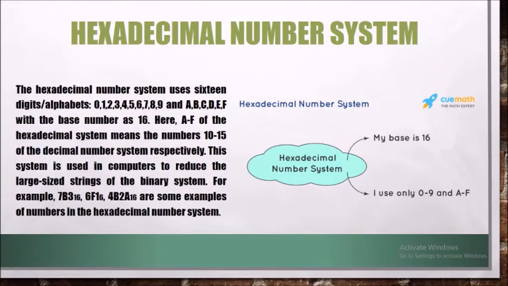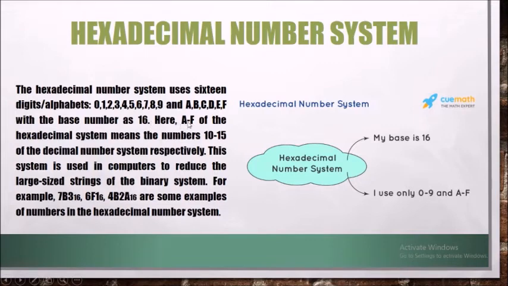Next, the hexadecimal number system. Hexagon, right? That is a polygon having how many sides? The hexadecimal number system uses 16 digits or alphabets. The digits 0 up until 9 are only 10, so they took from the alphabet A, B, C, D, E, and F in order to complete the 16 digits or alphabets with the base number as 16.